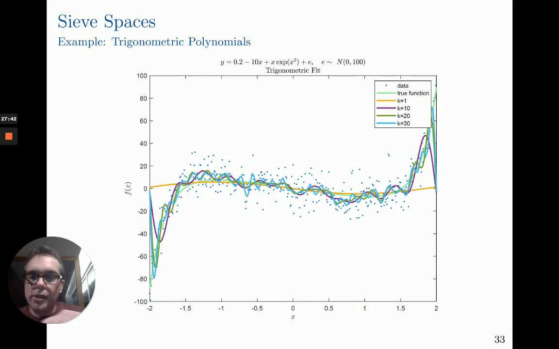Okay? Of course, we approximate the overall low frequency component, but the trigonometric functions introduce some extra noise because we have this periodic behavior. Okay? So in this case, because the function that we want to approximate is not periodic, the polynomial fit was much better.